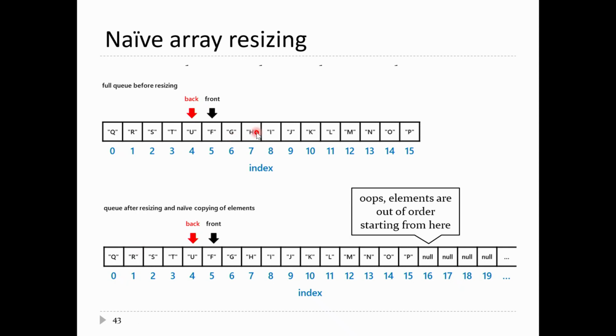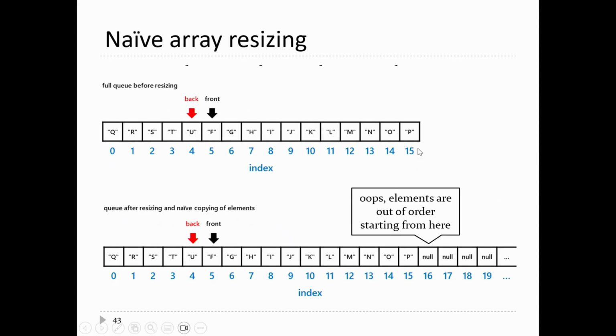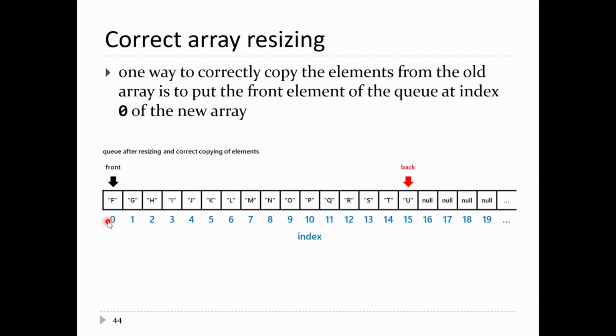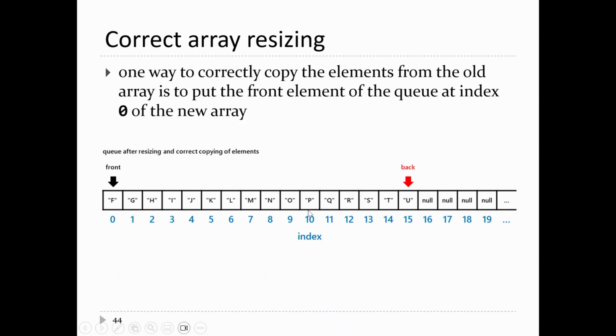Take the third element of the queue and copy that into the third element of the array. So in other words, I want to unwind that circular array so that it becomes that array right there. So starting at the front element, copy these elements to the front of this array, then wrap around, copy the remaining elements into the array, like that. So that's the logic that we have to implement.